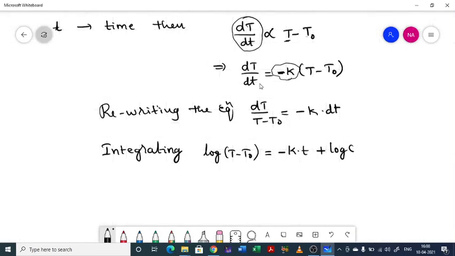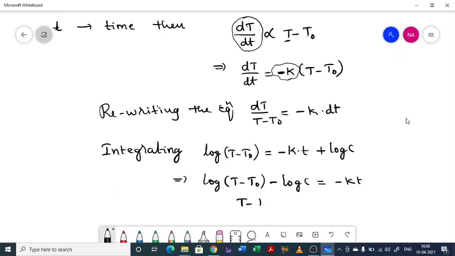So by separating the variables we have dT by (T minus T naught) equal to minus k into dt. Now integrating this we get log of (T minus T naught) equal to minus k t plus log c. So log of (T minus T naught) minus log c equal to minus kt.